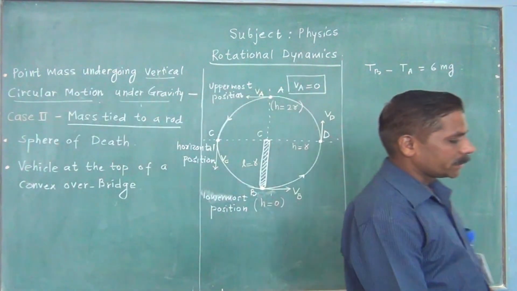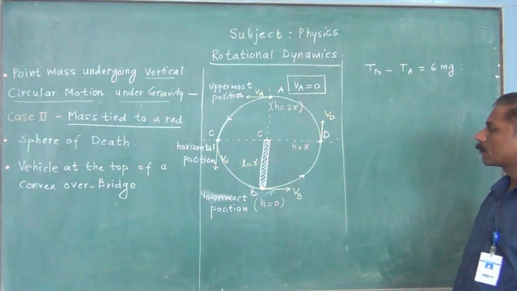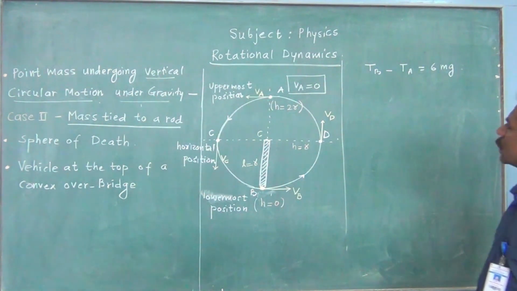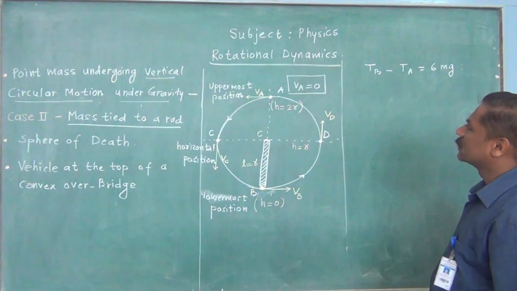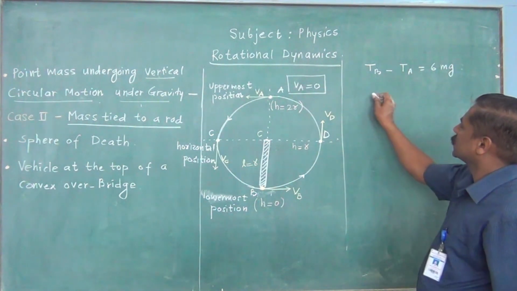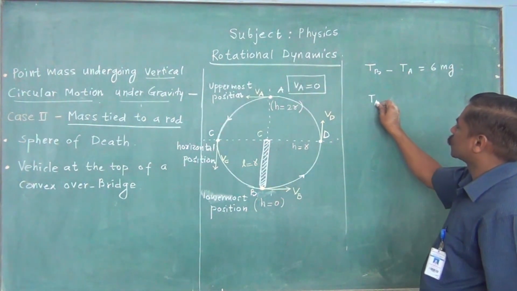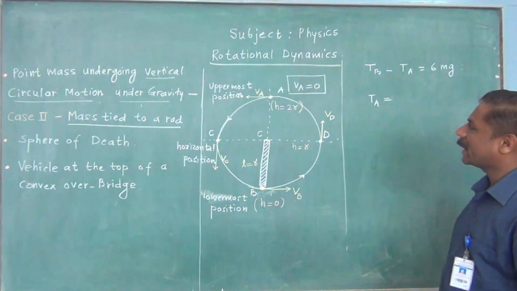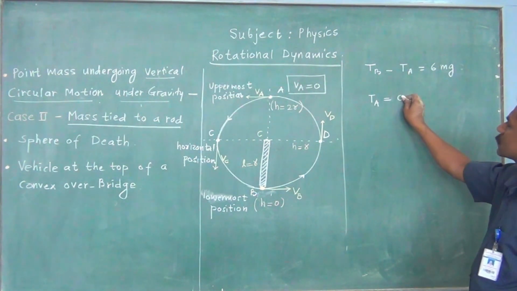So if we know this is the tension difference at the uppermost and lowermost positions, then definitely we can say in this case also, the uppermost position tension, that is TA, is taken as 0.